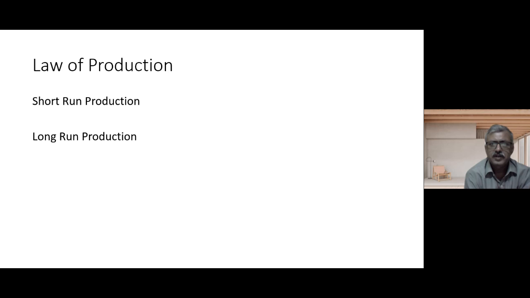So what is short run production and what is long run production? To understand this, it is very important for all of us to understand the law of production first. Okay. If we understand the law of production, then we will understand both short run production and long run production. So let's understand what is the law of production.